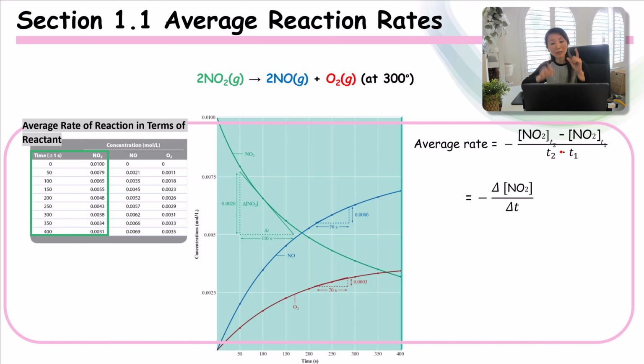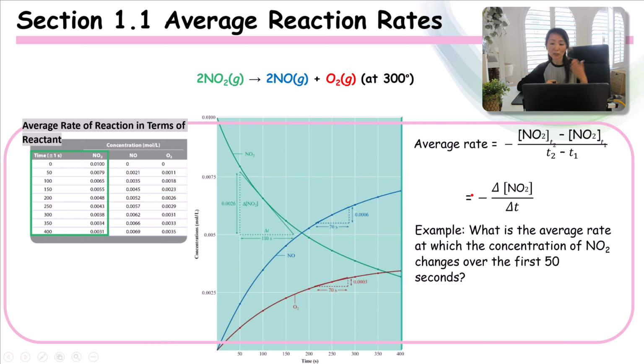It's not necessarily the beginning and the end, but from the frame that you're looking at. For example, what is the average rate at which concentration of NO2 changes over the first 50 seconds? If it's the first 50 seconds, my T2 would be 50 seconds because that's where it went to. My initial time would be 0 seconds because that's the very beginning.